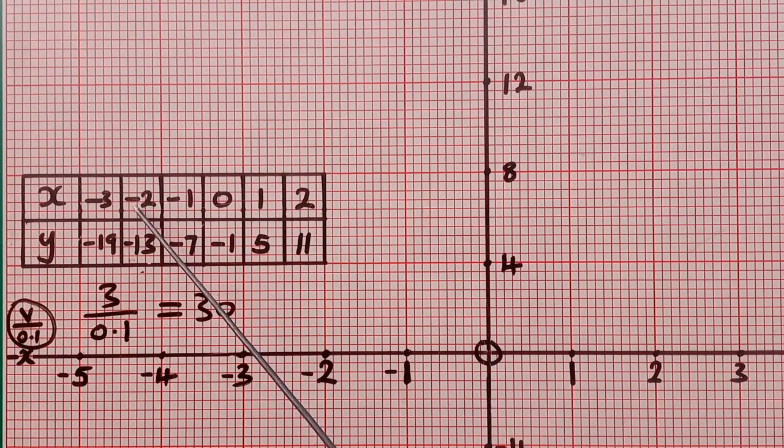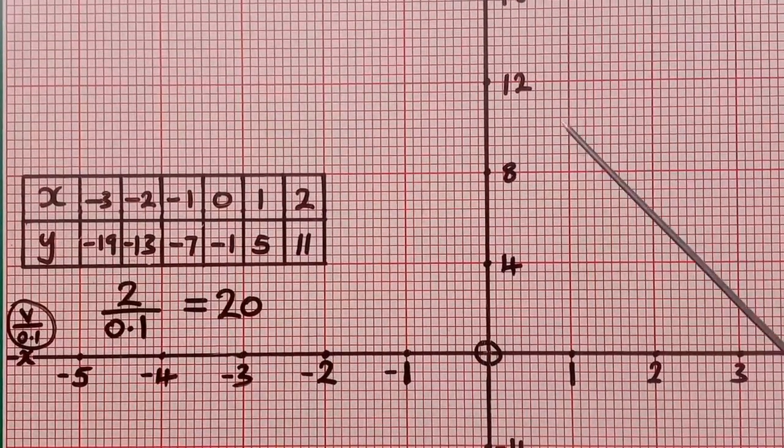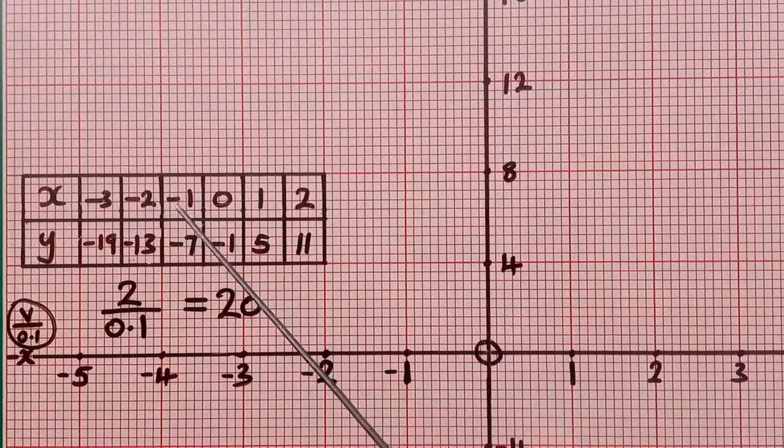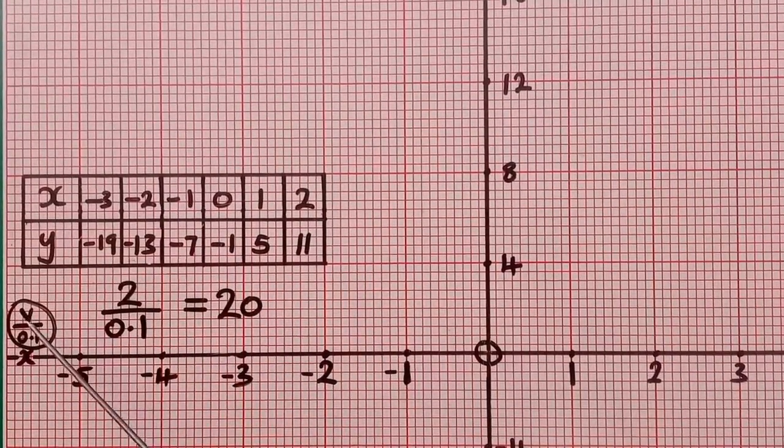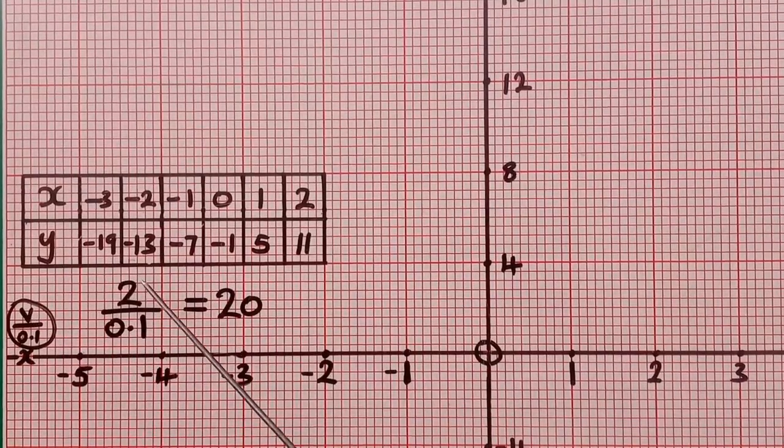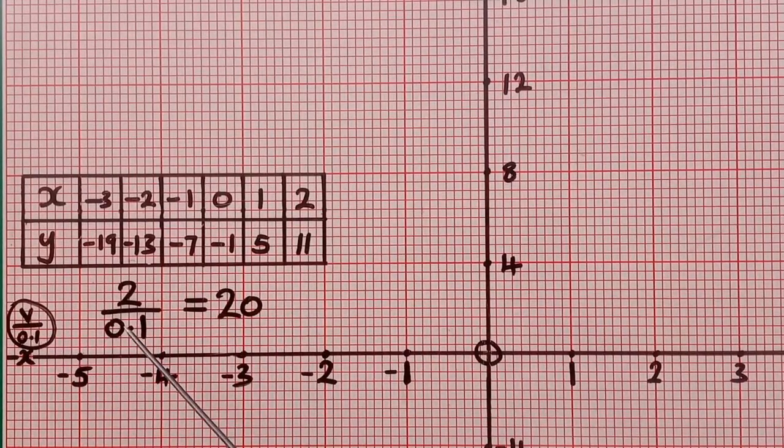Let's check the place where this 2 is located. To locate this 2, we replace this v with it, so that this 2 becomes what is here. And 0.1 is still where it is. 2 over 0.1 is equal to 20. 20 what? 20 unit boxes.